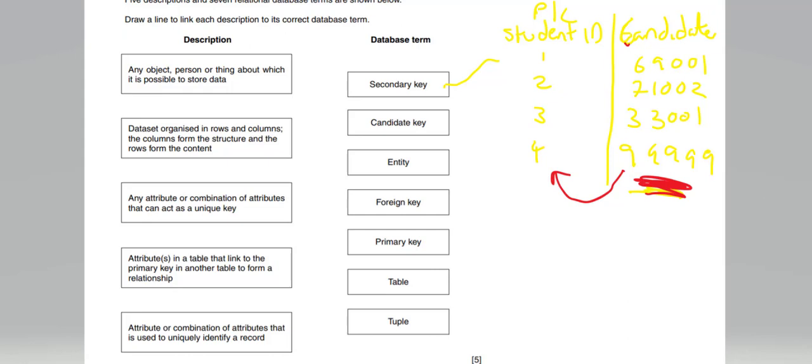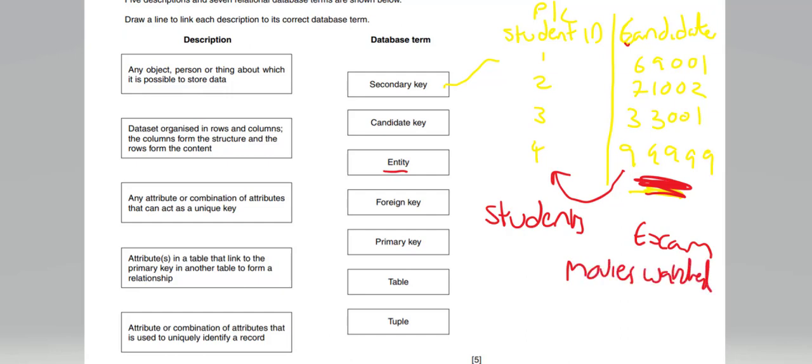Now, we've got candidate key, which you should be aware of. We'll talk about that again in a minute. We've got entity. Now, an entity is basically an object or anything which we're going to store data about. So it could be student, exam results. It could be movies watched.